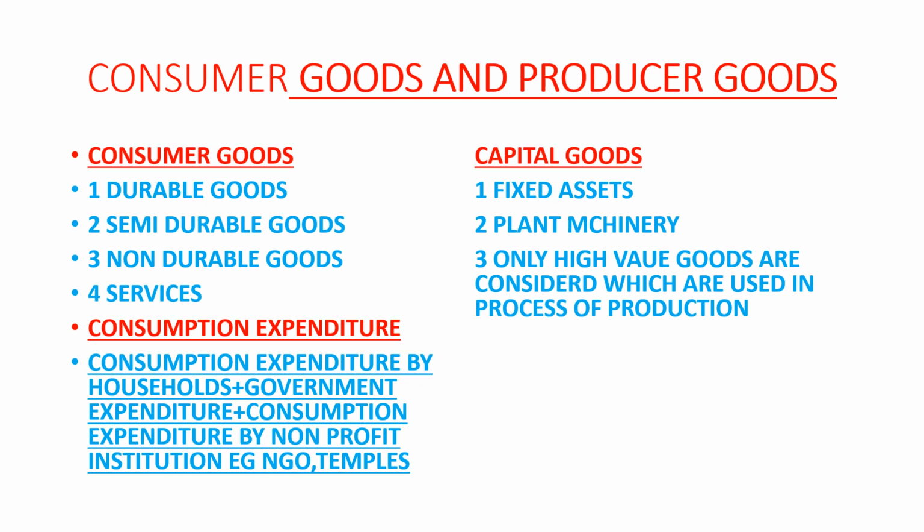And government spends money on defense and say on health services, on education. And non-government organizations like NGO, they also spend money. NGOs and temples and gurdwaras, they also purchase goods for charity.